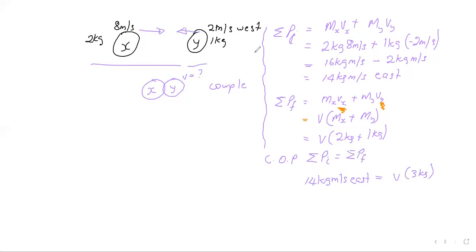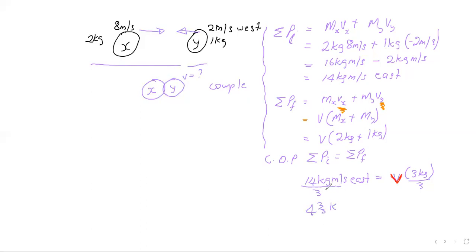Our bone of contention is to get v, so we divide right through by 3. 14 divided by 3 gives 4.67.